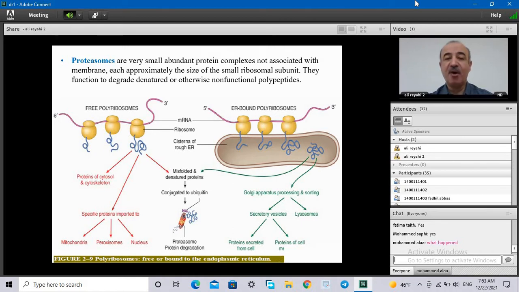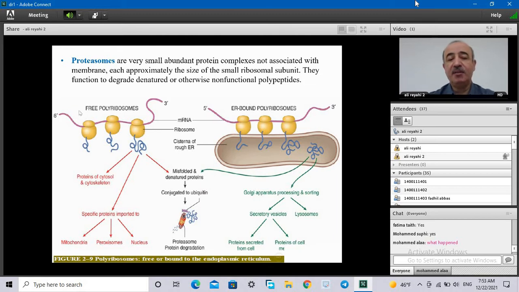It's a very small particle or organelle within the cytoplasm, and it's involved in hydrolysis of proteins. Which protein? The denatured or destroyed proteins.